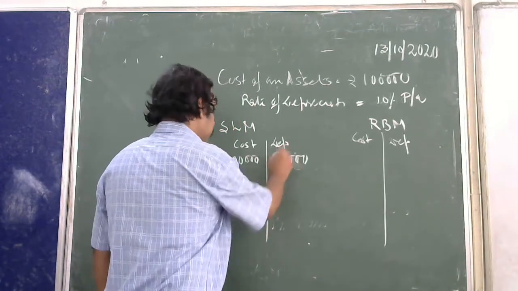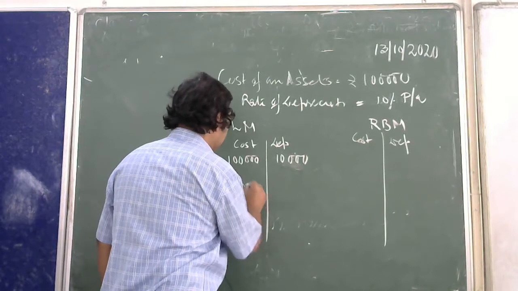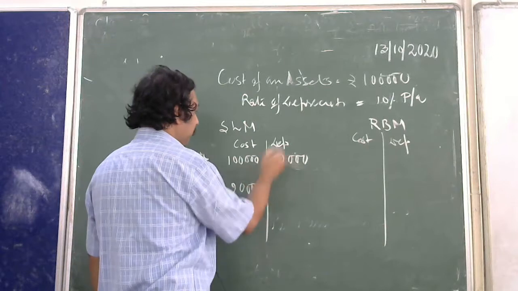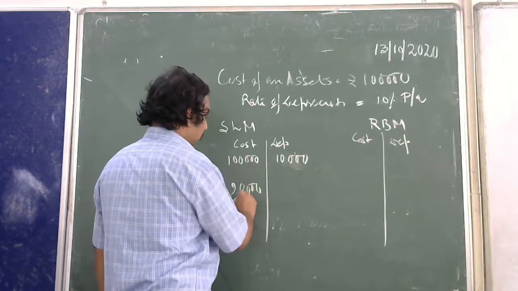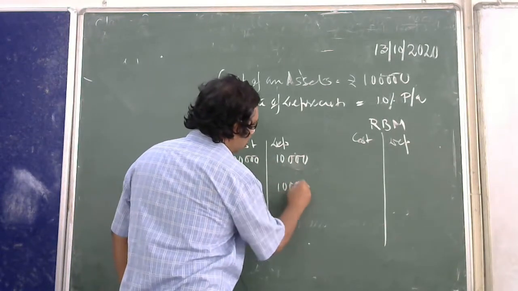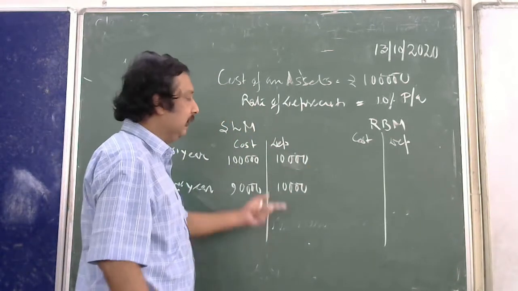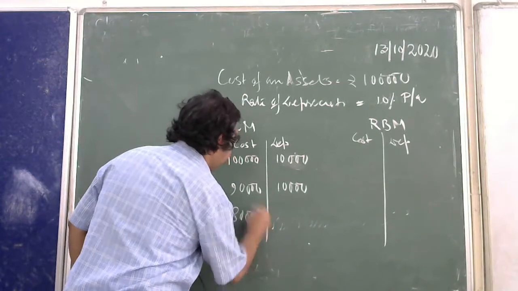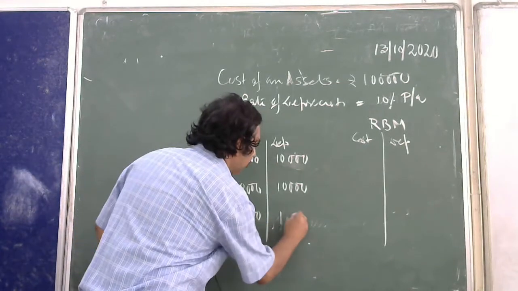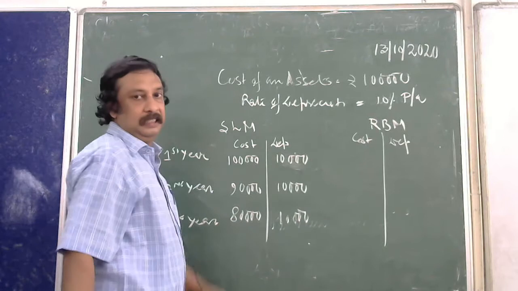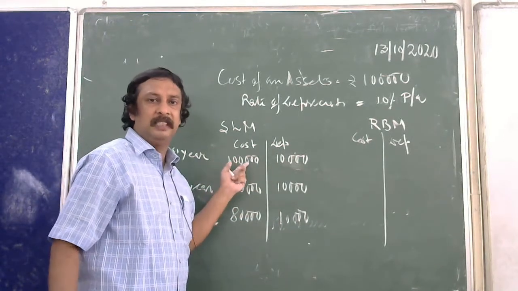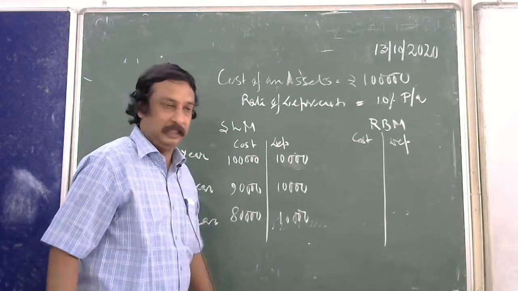Second year, the value reduces to 90,000, the WDV, but the amount of depreciation is charged on the original cost and it is the same 10,000. Third year, the value becomes 80,000. The amount of depreciation still remains the same at 10,000. It is always calculated as a fixed percentage of the original cost of assets.